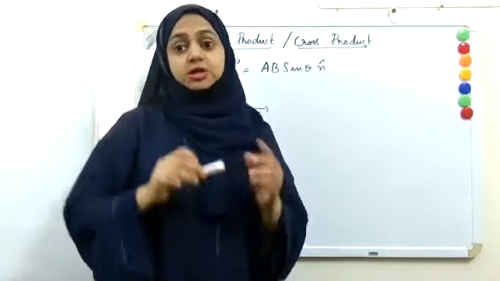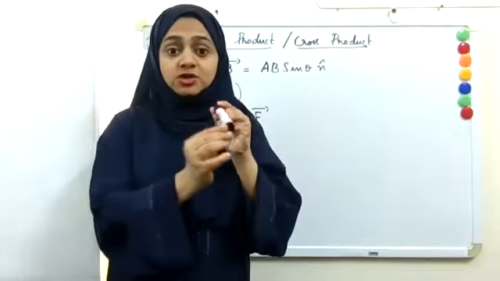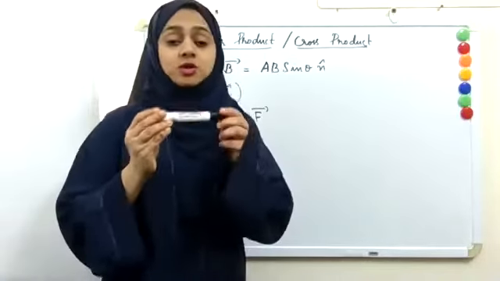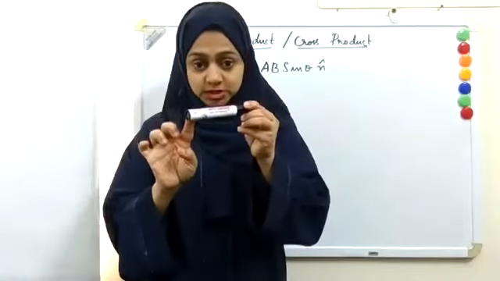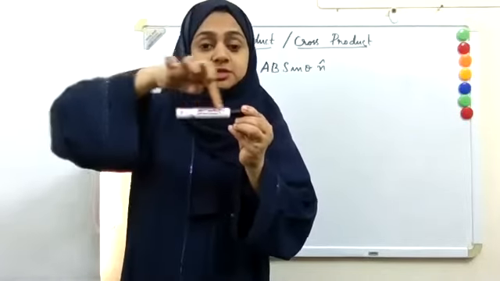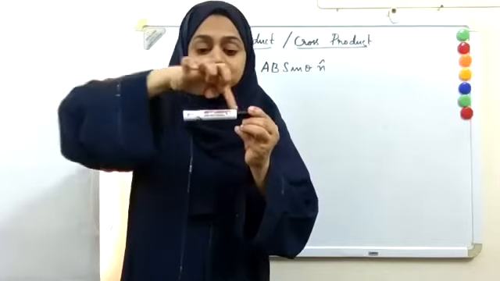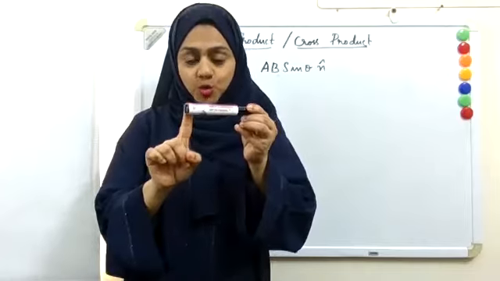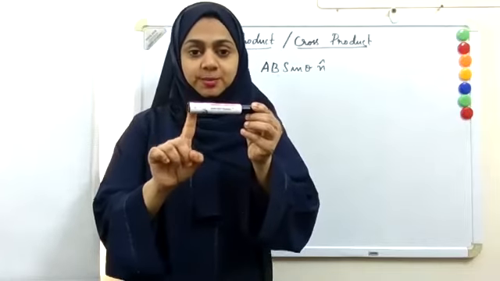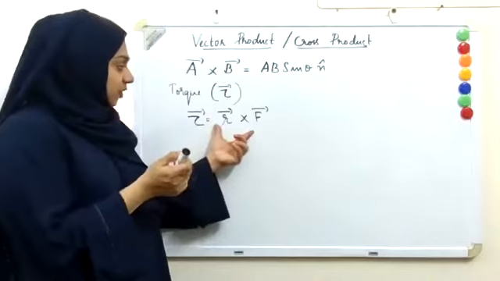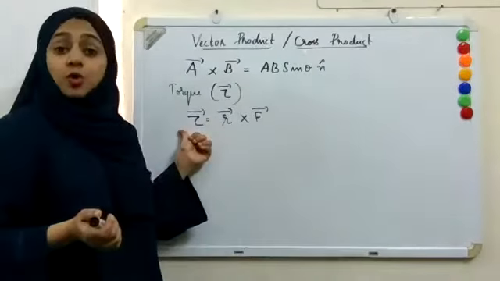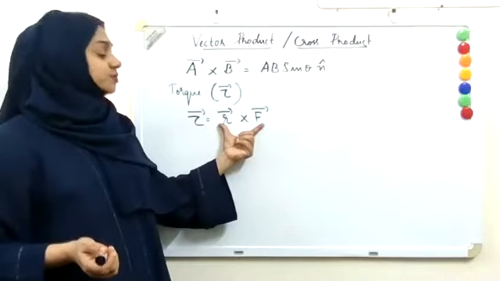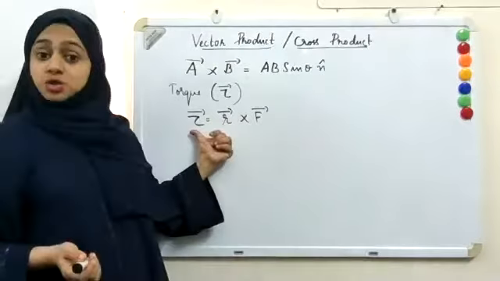That is force. Now what causes rotation of a body? That is called torque. Suppose I am giving 2 Newton force here, and this distance is r. If you take the cross product of force and the perpendicular distance, you will get torque, which is also a vector. So you have to take the cross product of r and F to get torque.